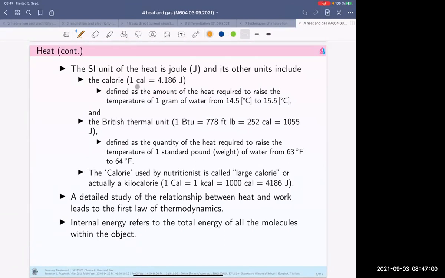It's quite rare for us in physics that we encounter this scale of the heat. Okay, all right.